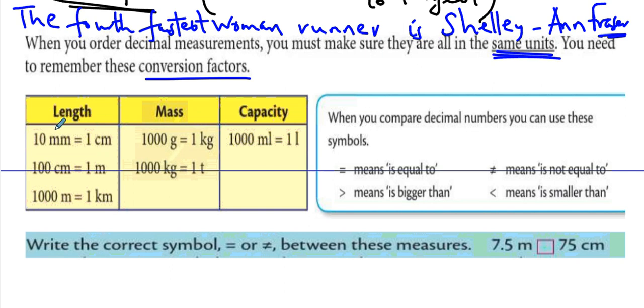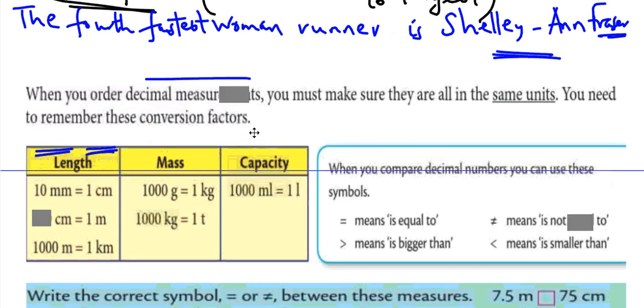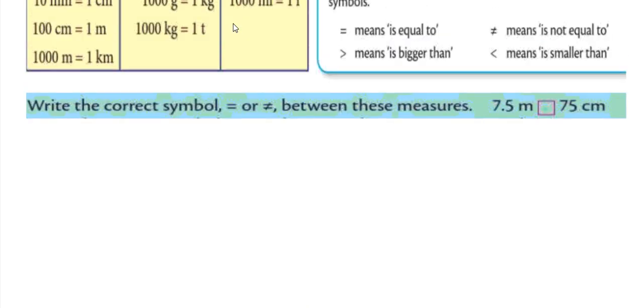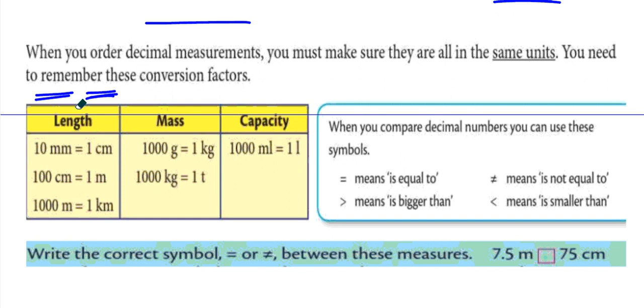What does it mean? It means that for the case of length, we have to frequently memorize how to convert centimeters into millimeters and vice versa. So the conversion factor between centimeter and millimeter is that 1 centimeter equals 10 millimeters.